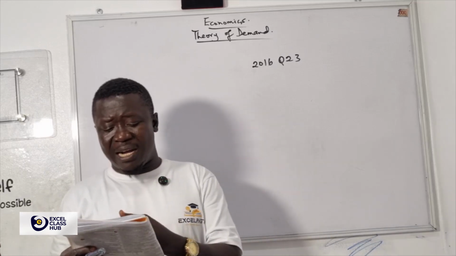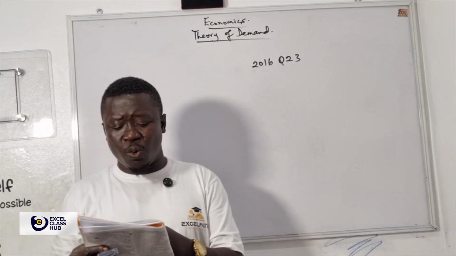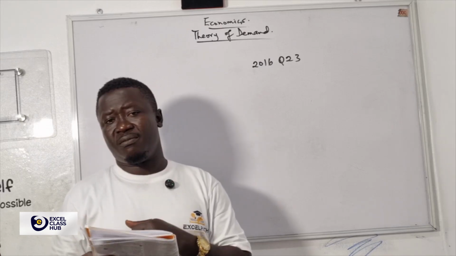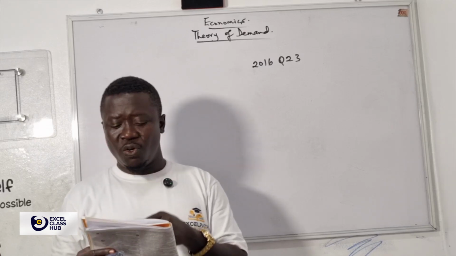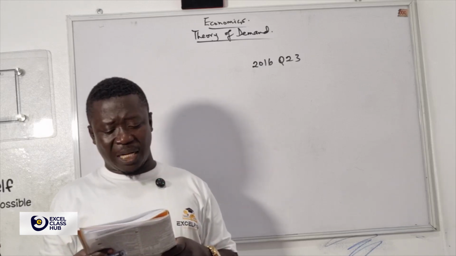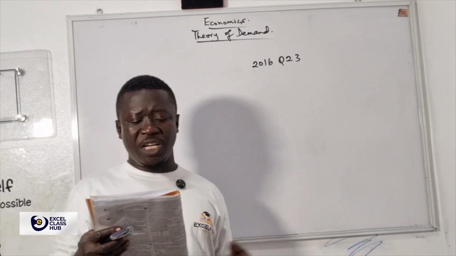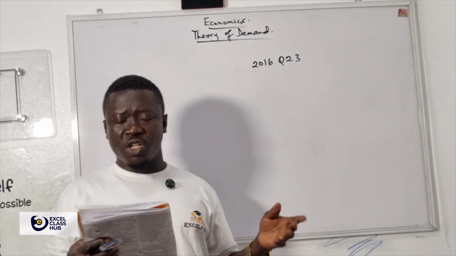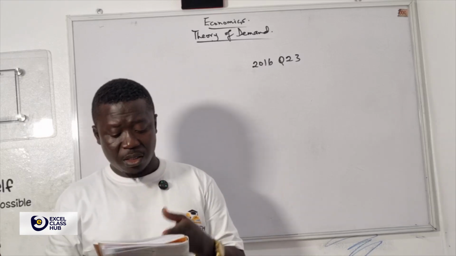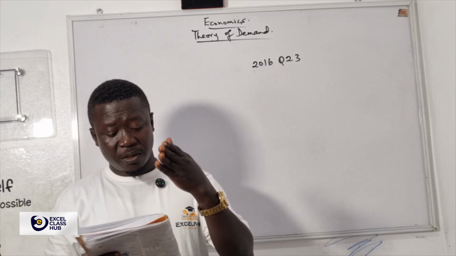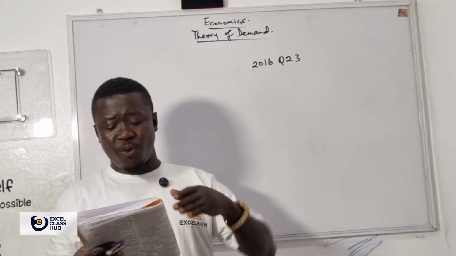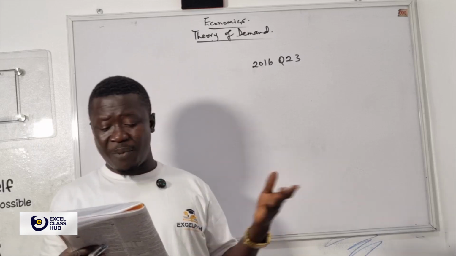I see options here like incentive of workers. This incentive of workers is only applicable to what? Location of industry. Level of technology is another option. Population, another option. Cost of production is another option. Incentive to work is not even part of it.